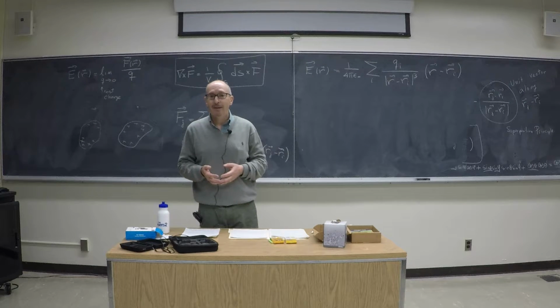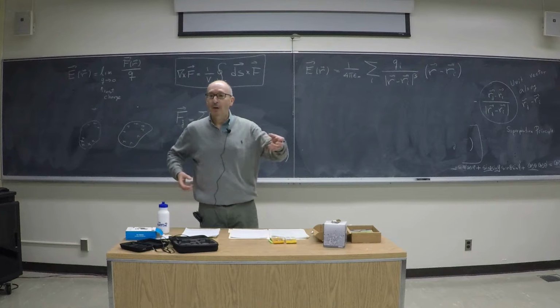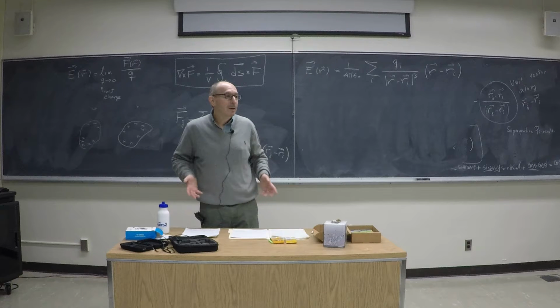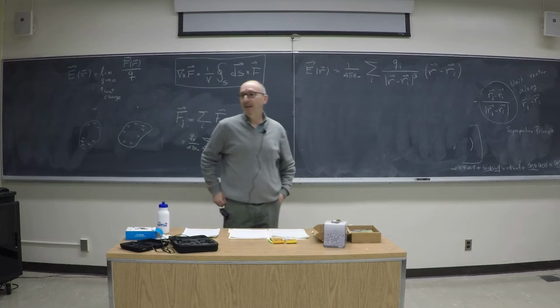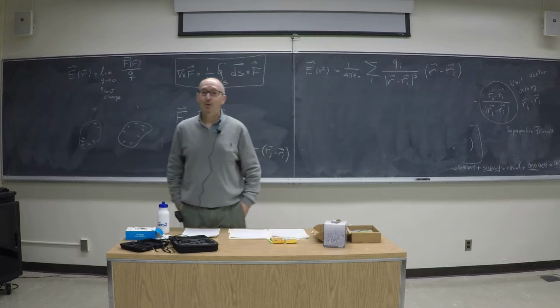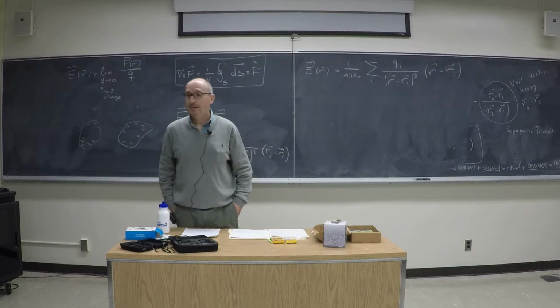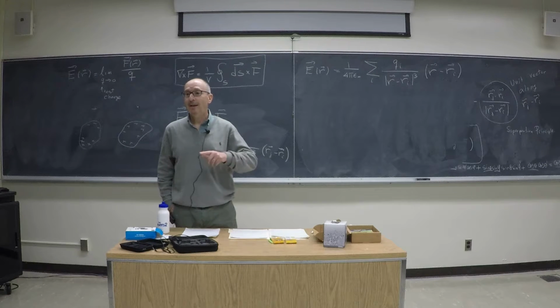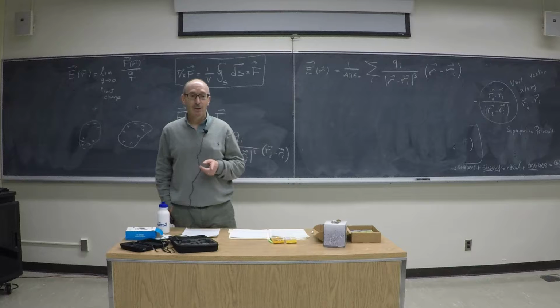Does it depend on whether the object is round or elongated or rough? Well, it may depend on many things, but the bottom line is that we don't know where the charges went. I only know the total charge, and not only don't I know where the charge went, I also don't know how it was distributed.